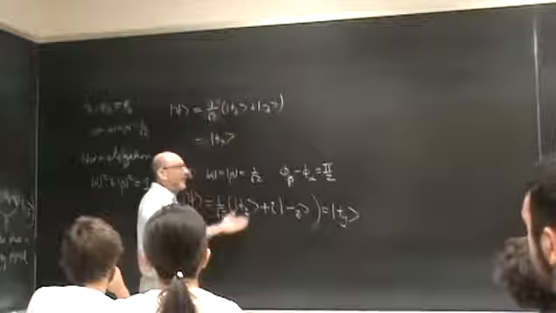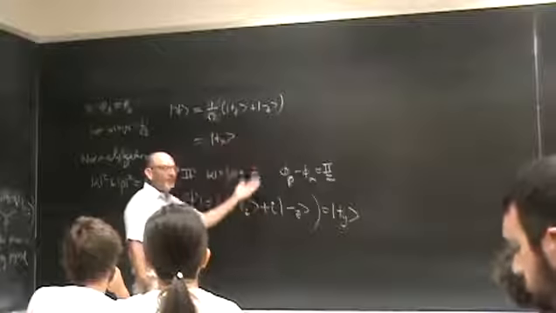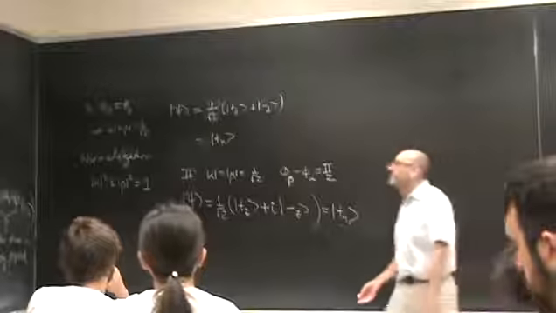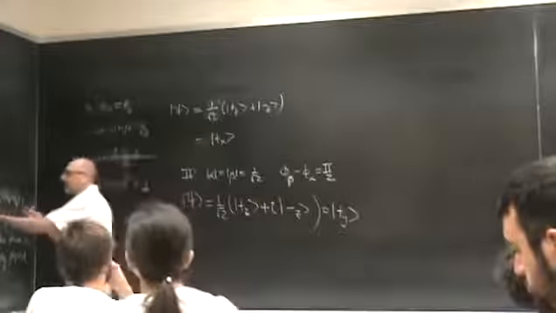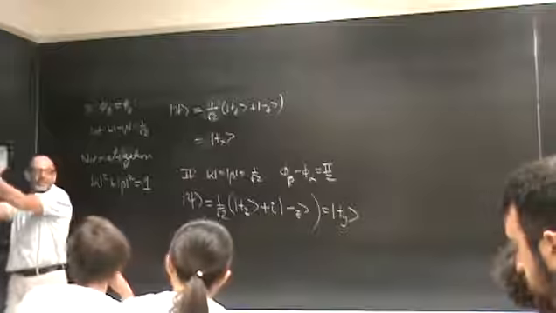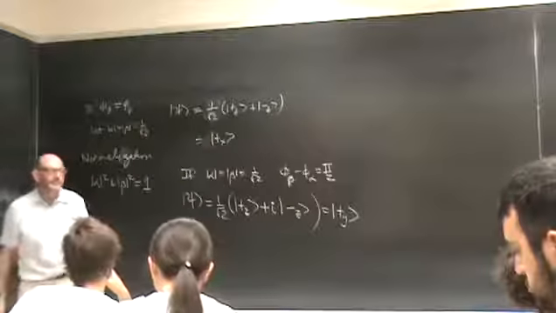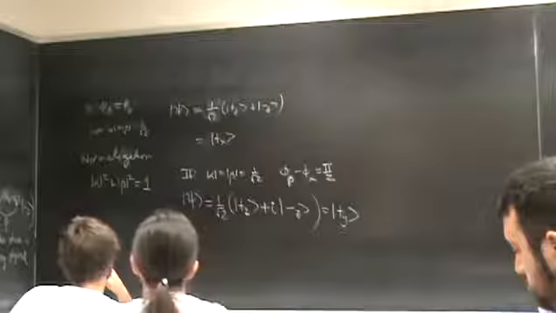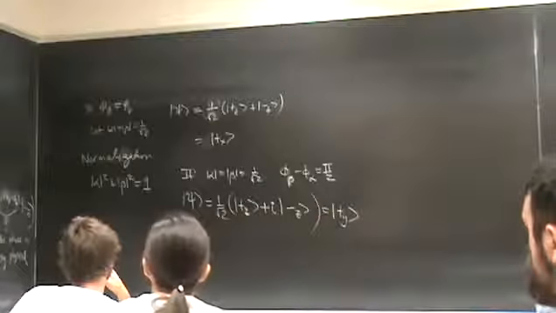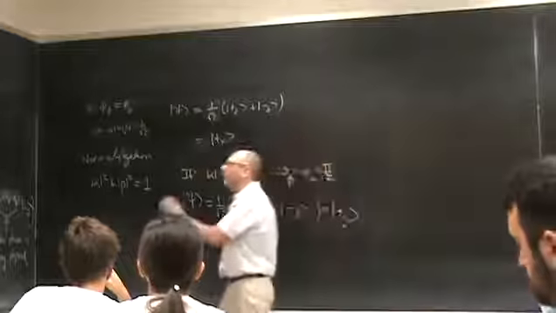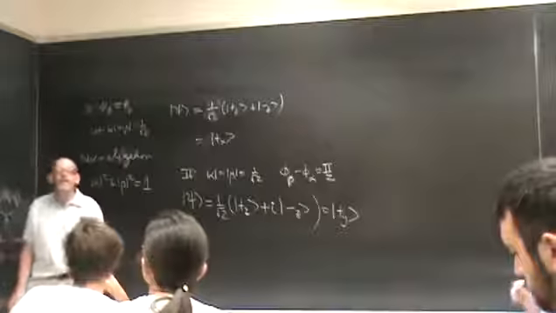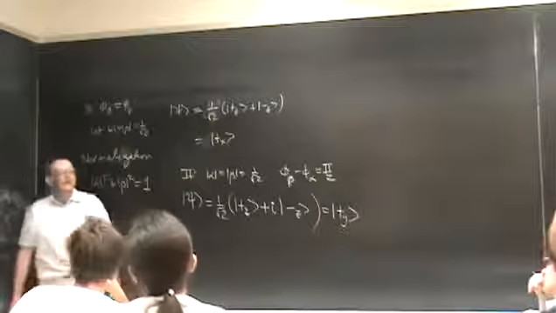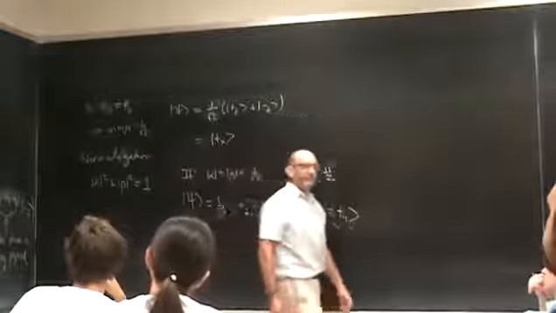So there's a very different physical measurement, a very different outcome. So the relative phase between the probability amplitudes in a basis matters, but the overall phase doesn't. How many real parameters does it take to specify a pure state of spin 1/2?